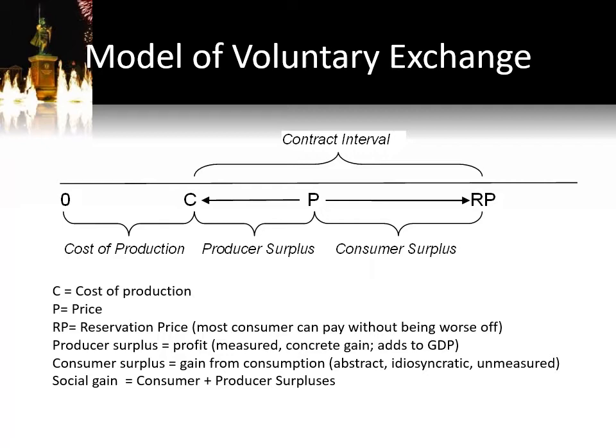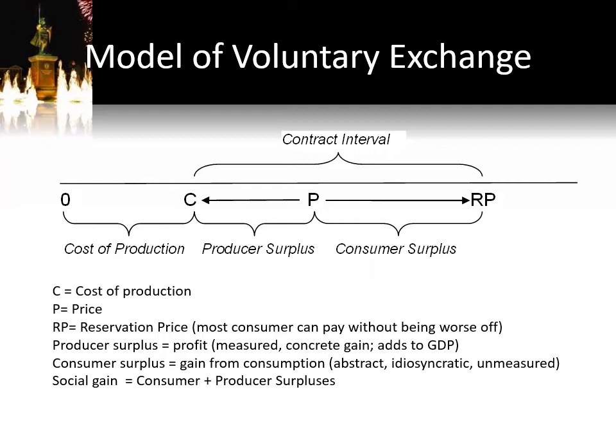What's this RP over here, this reservation price? This is a key thing in this microeconomic model: the idea that consumers have a reservation price, which is the highest price they would pay for whatever they're buying. It's the point at which you're indifferent to buying the TV.